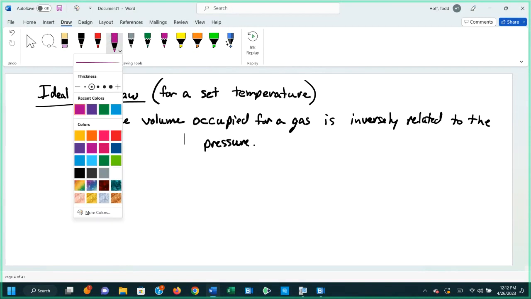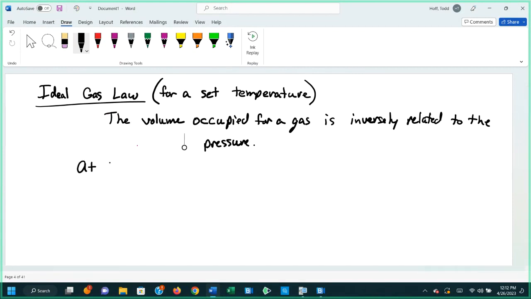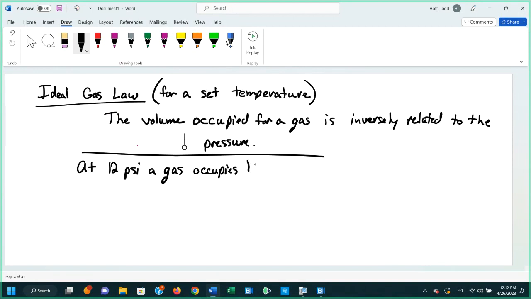So let's take a look here at an example. At a pressure of 12 psi, pounds per square inch, a gas occupies 150 cubic inches.